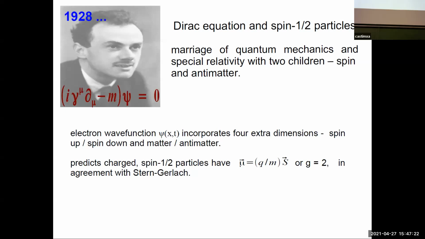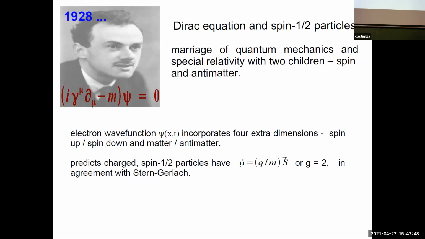In those early 20s of the last century, they were trying to put together relativity and quantum mechanics, to join these two new revolutions of the time together into a sort of relativistic quantum mechanics.